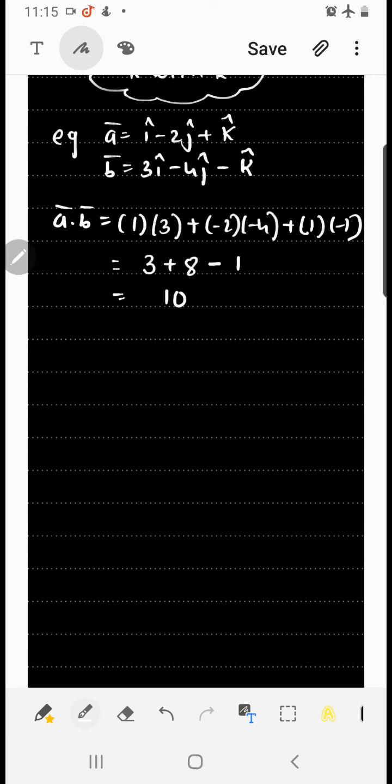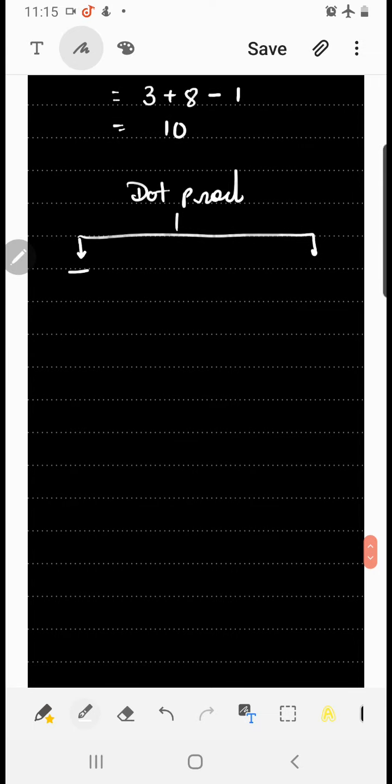So this is where we are done with the basic thought of dot product. Whenever we think of dot product, we have two choices: one is theoretical, the other one is calculative. When I say theoretical, the answer is a bar dot b bar is mod a mod b cos theta, but make sure the theta is the angle between the vectors, so that the vectors are both incoming or outgoing.